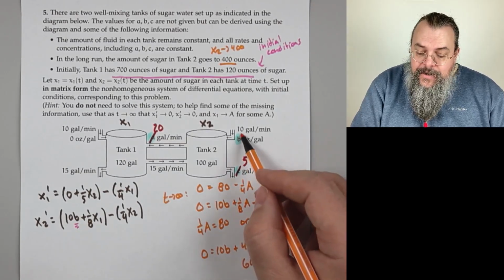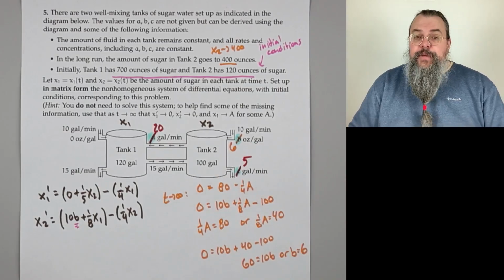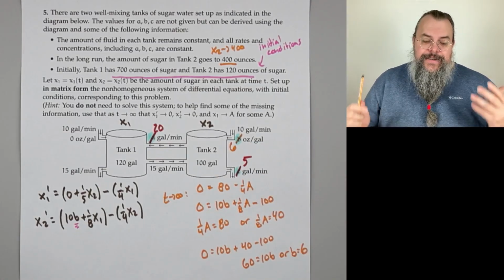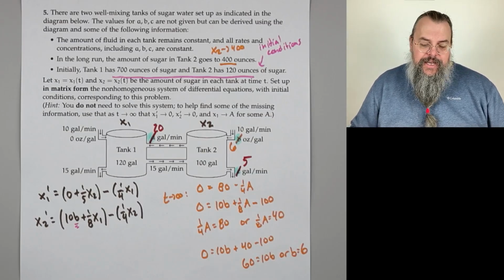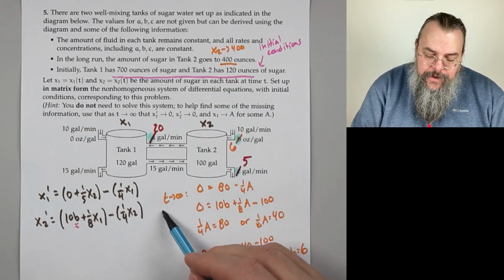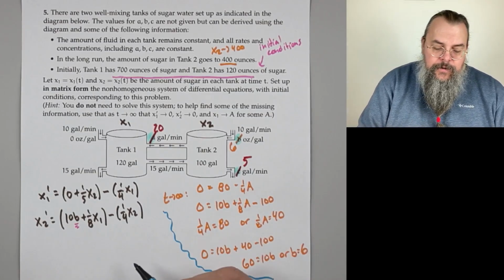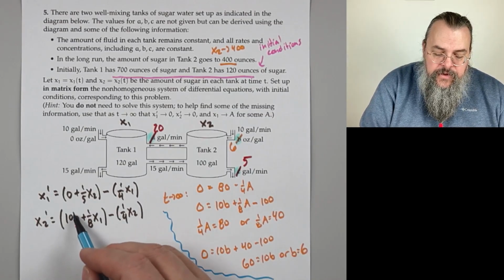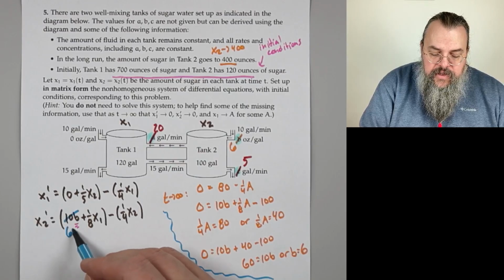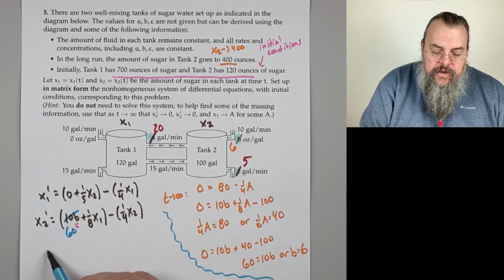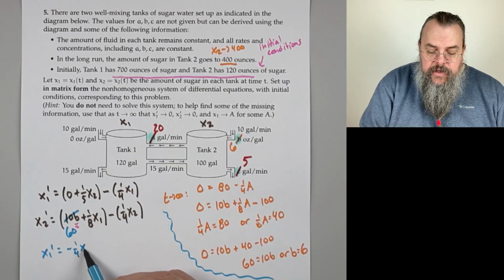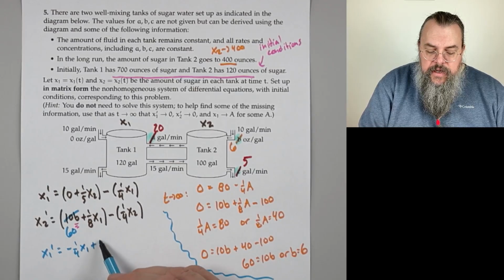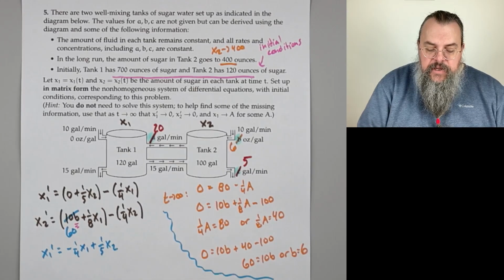So now we found b. Now let's update our system of equations. Now that we have it, we're almost done. So this 10b becomes 60, and we have x1 prime equal to, and we're going to write things in order: x1, then x2, and then anything else.